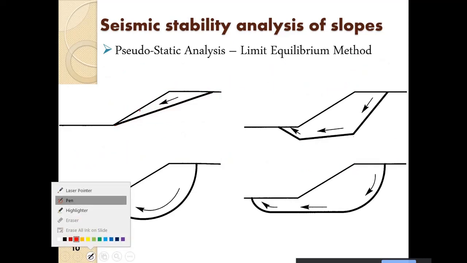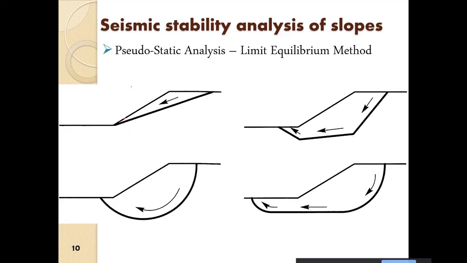Apart from that, we have various modes of failure. Of course, one is the translational. This is mostly the failure mode of granular soils, or frictional soils.